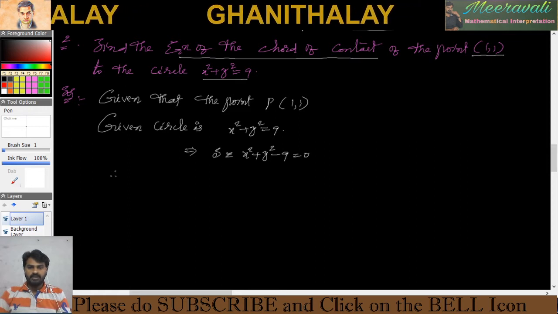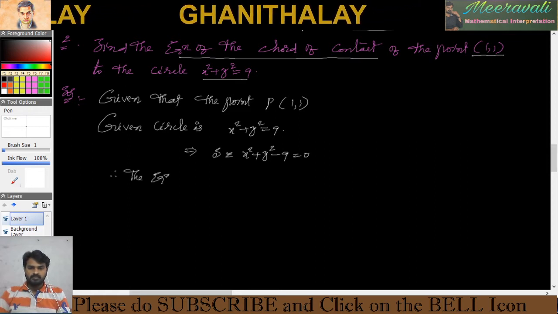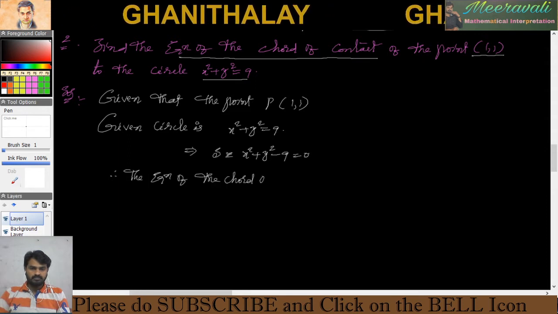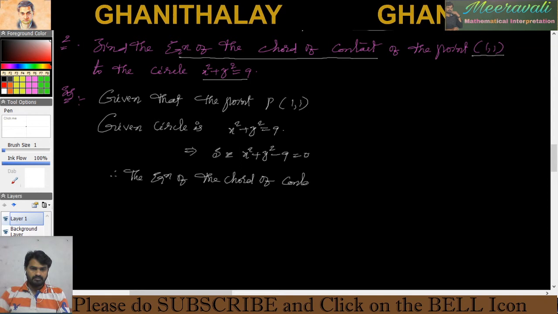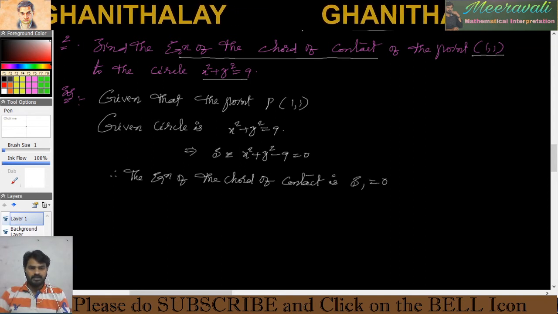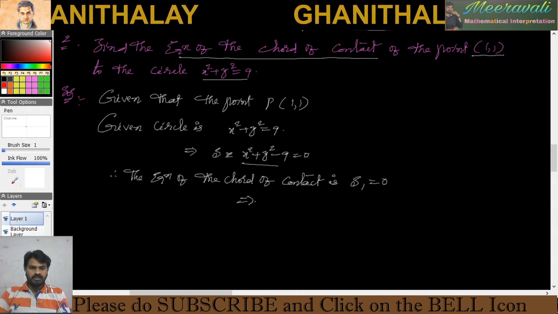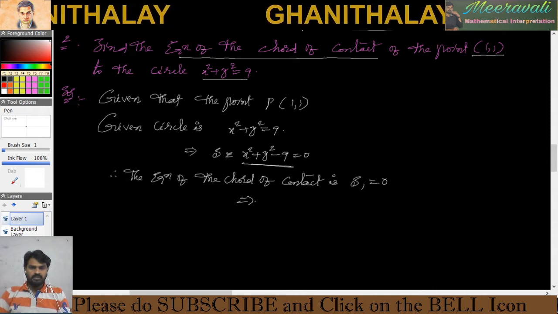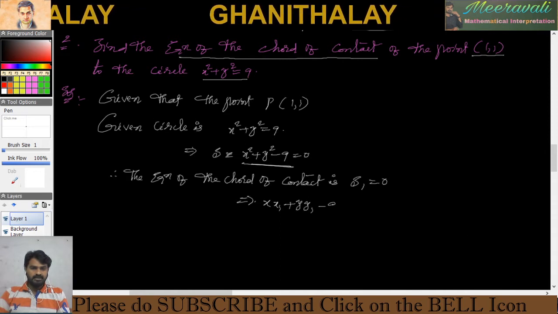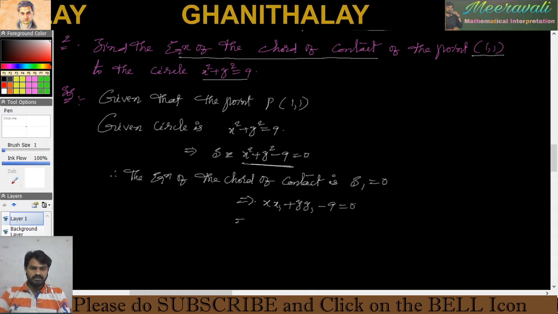The formula for the equation of the chord of contact is S1 is equal to 0. Now you have to write xx1 plus yy1 minus 9 is equal to 0, that is S1.